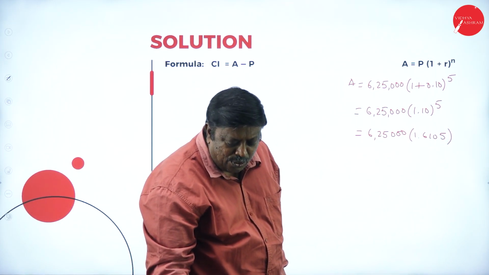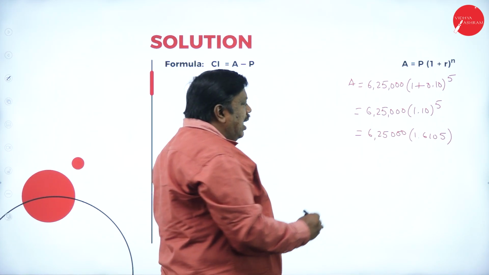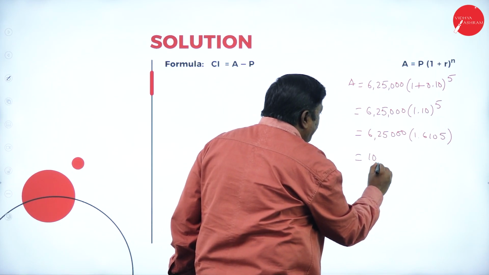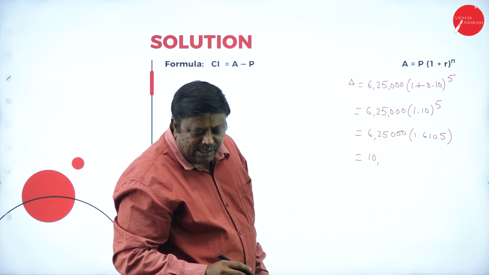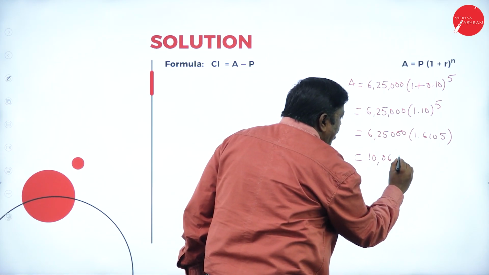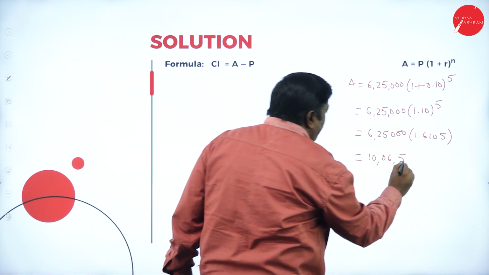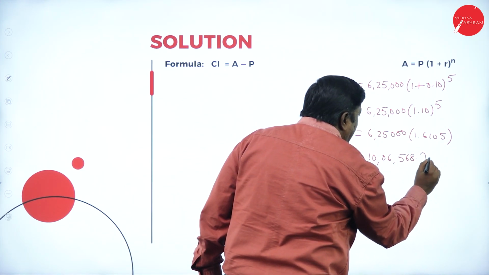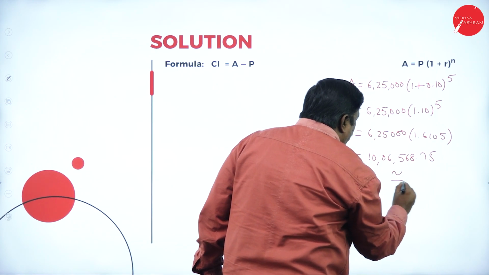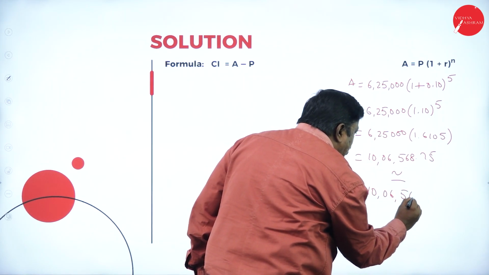1.6105 into 6,25,000 will be 10 lakh 6,568.75, rounded off to 10 lakh 6,568.